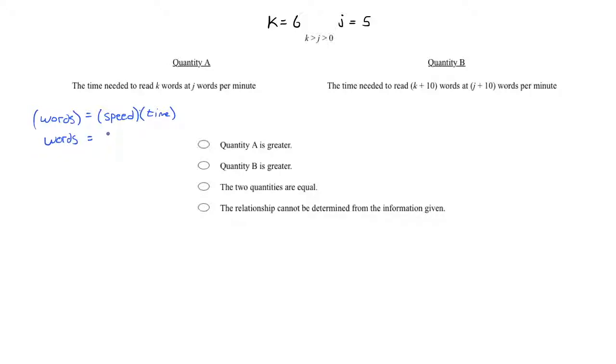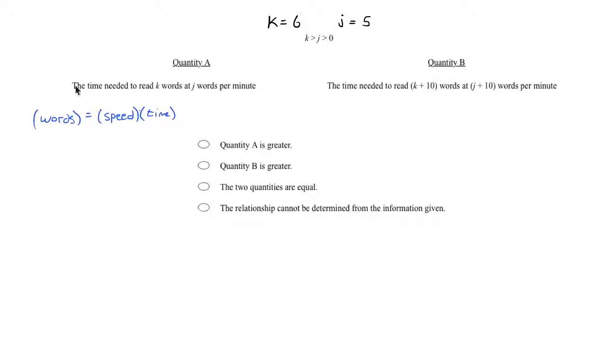Words equals speed, which is going to be words per minute, times time, which would be measured in minutes. This makes sense because you could cancel out these minutes and you'd have something sensible like words equal words. So that much has to be true. That has to follow through if you're going to be using a formula like this in your math problem.